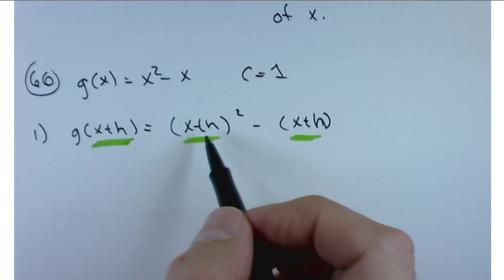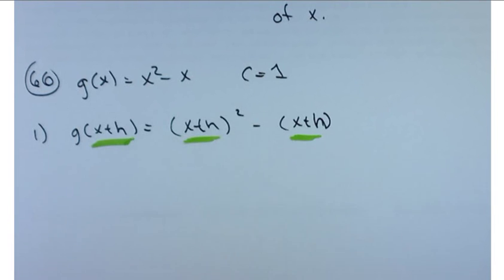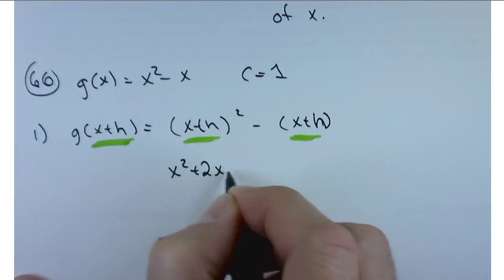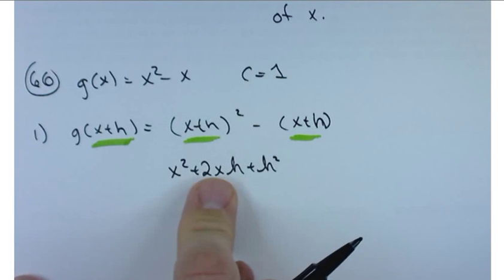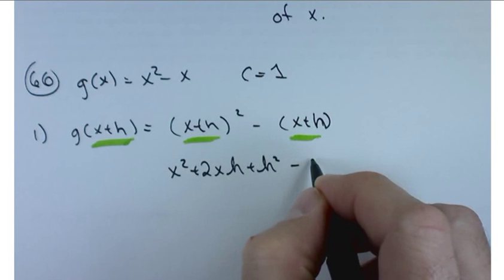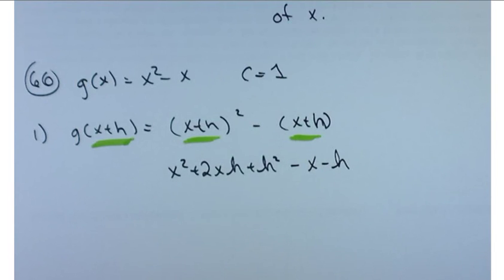Someone square this out for me. What do you get when you square out x plus h? Thank you. X squared plus 2xh plus h squared. Boy, it's convenient just to be able to square that out. Now here, we're going to distribute the negative sign, so minus x minus h. Are there any like terms that I can cancel or anything like that? No. So, all right.